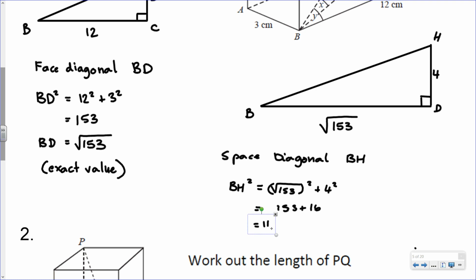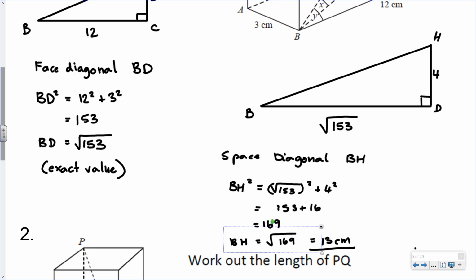And that gives me 169. So B to H is the square root of 169, which you may know is 13 centimetres. So there we are. Space diagonal is 13 centimetres.